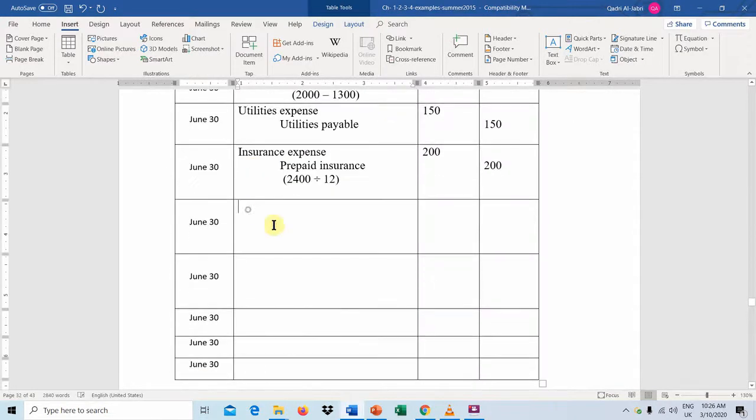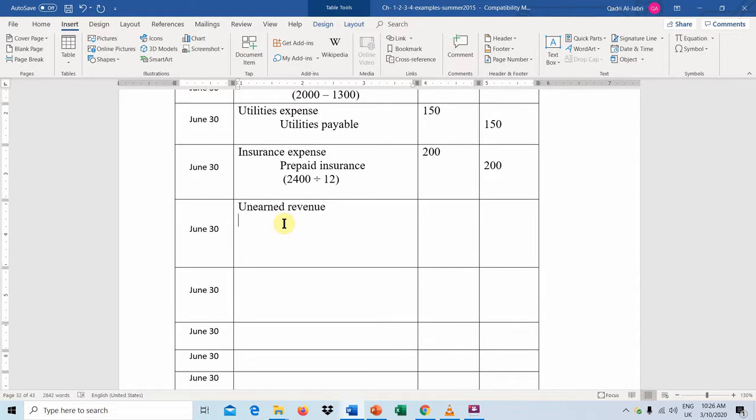So in this case, the obligation or the unearned revenue, this liability will decrease, and we will record debit for unearned revenue, credit for service revenue.